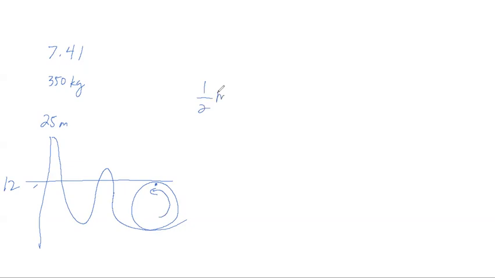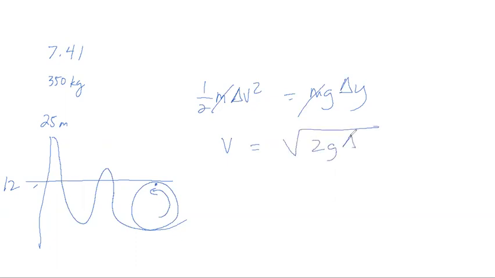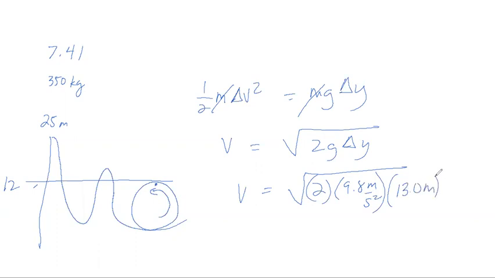All right, so 1/2 m delta v squared equals mg delta y. The m's can go. So v is going to equal the square root of 2g delta y. And v equals the square root of 2 times 9.8 meters per second squared, delta y is going to be 13.0 meters.